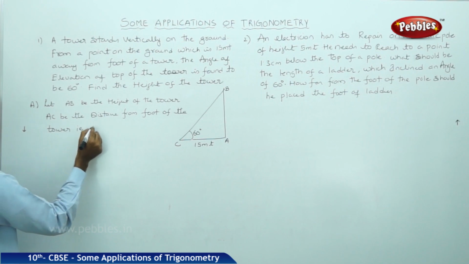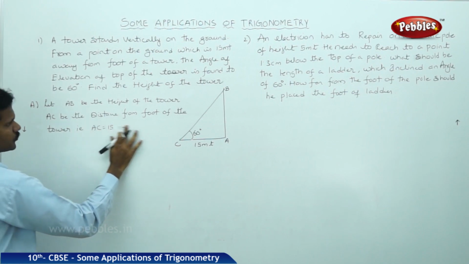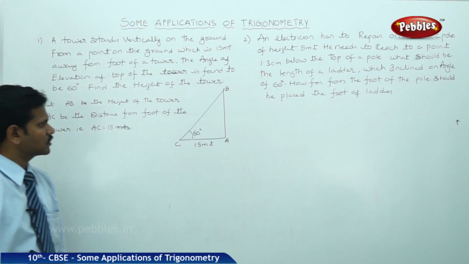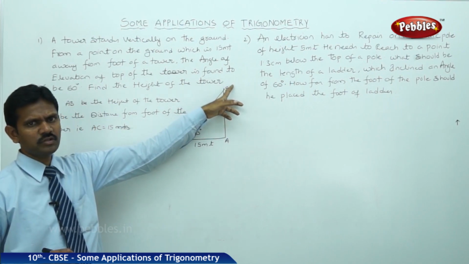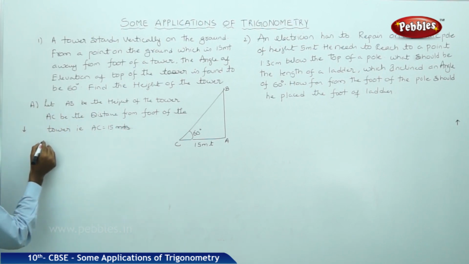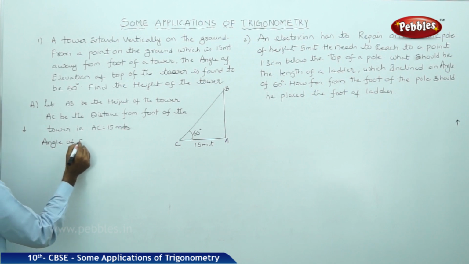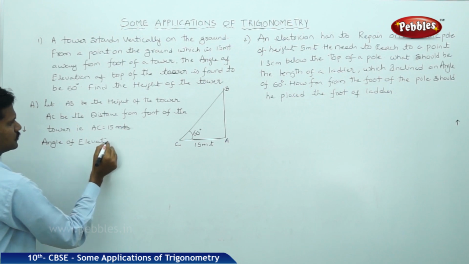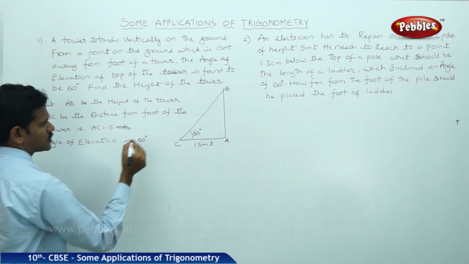That is, AC is equal to 15 meters. Next, from point C, the angle of elevation to the top of the tower is 60 degrees.